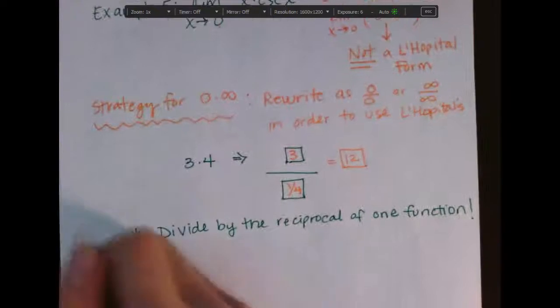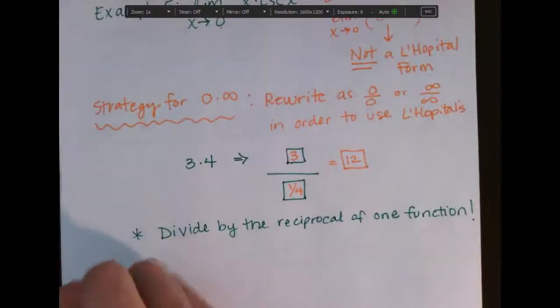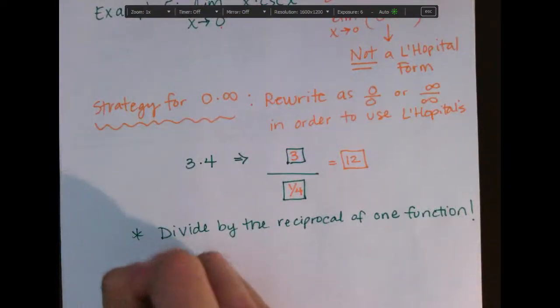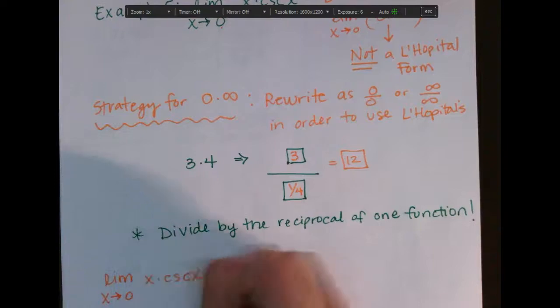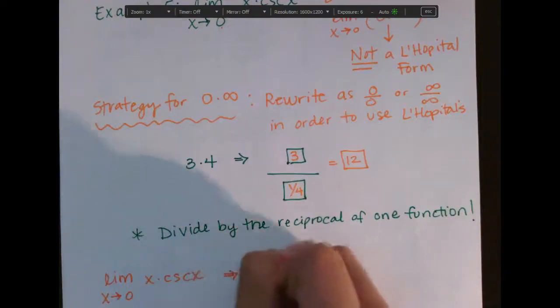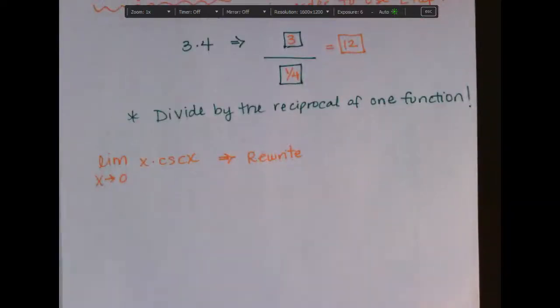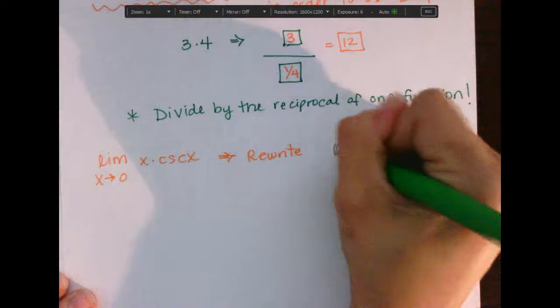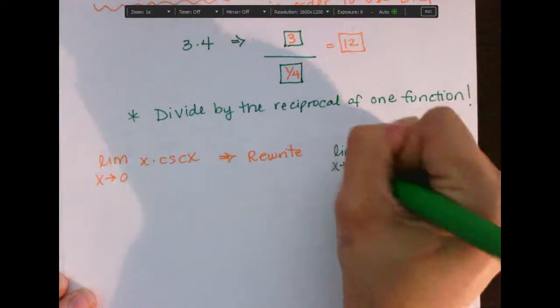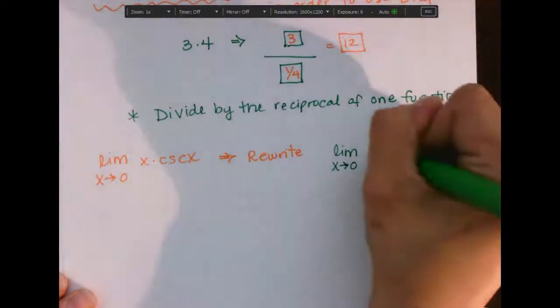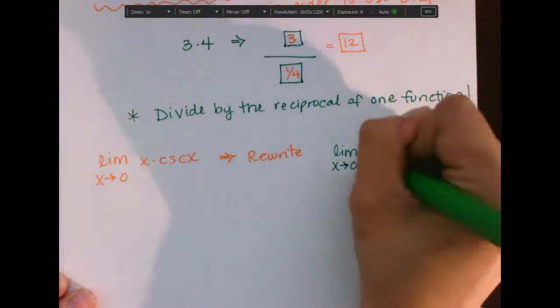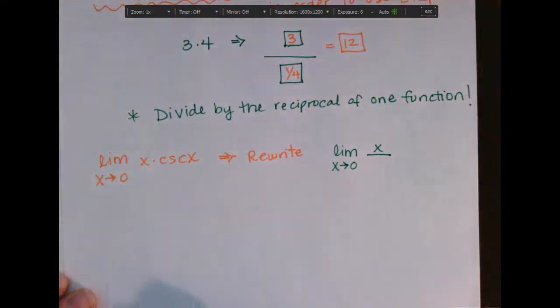So let's go back to the example. Limit as x approaches 0 of x times the cosecant of x. So again, we're going to rewrite it in a L'Hopital form. So we can say that the limit as x approaches 0 of x divided by the reciprocal.